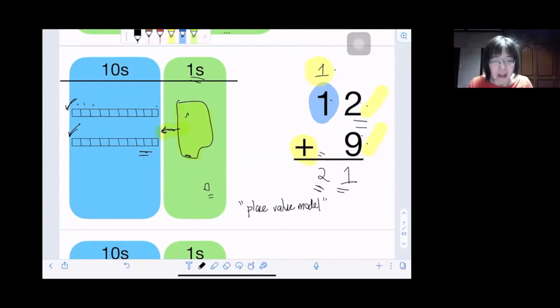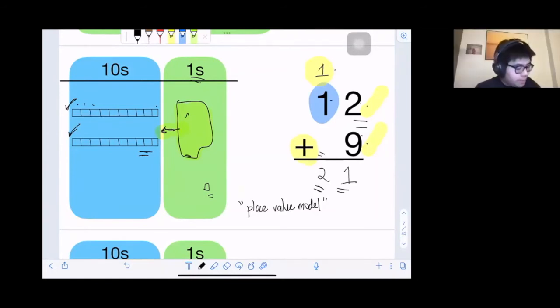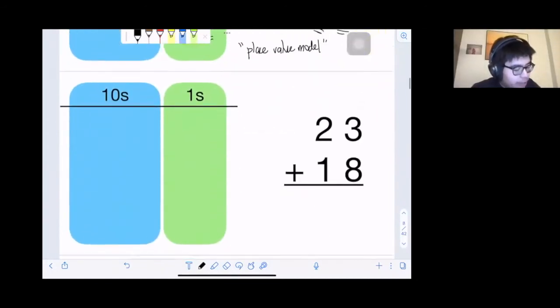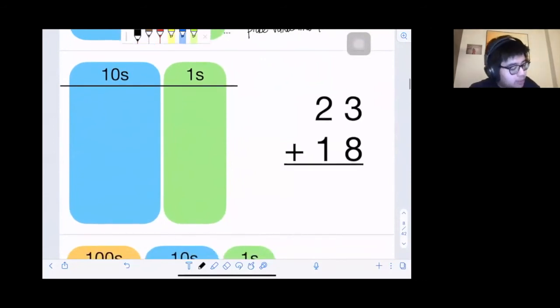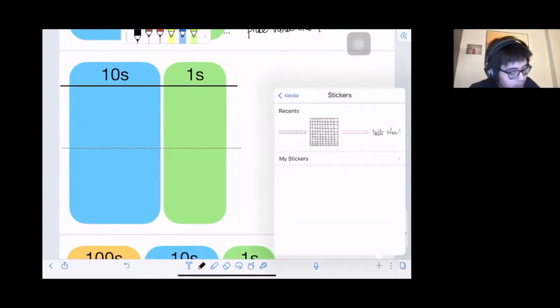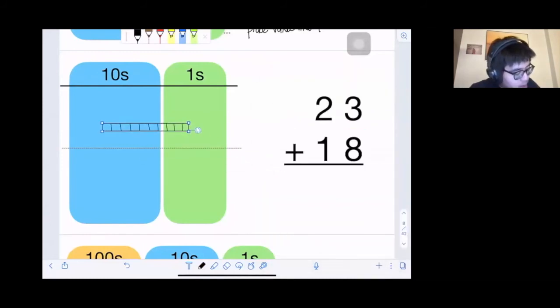So Scott, next. So mag-demo tayo ulit, no? So ngayon, 23 plus 18. So same process. Mag-draw muna tayo ng dividing line. Tapos yung 23, gagamitin na natin yung bars, no?